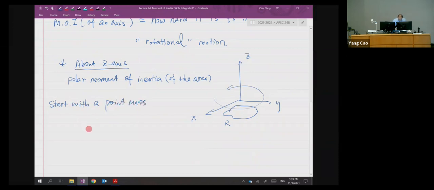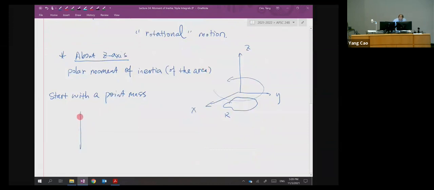I'm going to draw a little illustration here. Let's say I have a point mass right here, denoted as M. This point mass is undergoing a certain type of motion along a curve, for example.